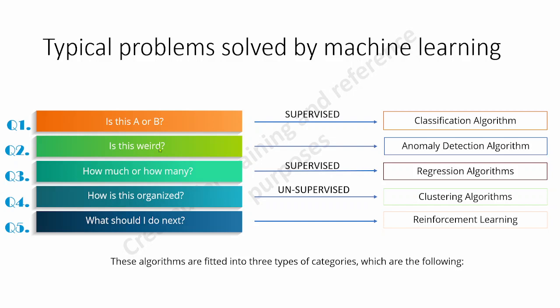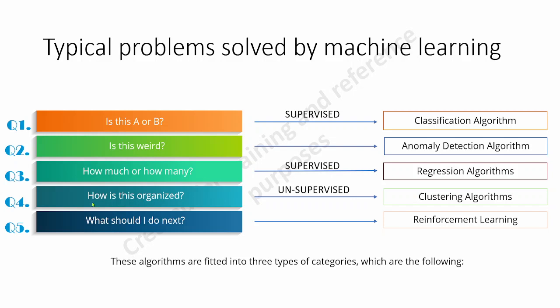That means is it an anomaly or not, for example a banking transaction that is anomalous, something out of the normal pattern. How much or how many means, what's the temperature outside, how much sales am I expecting in the coming quarter.